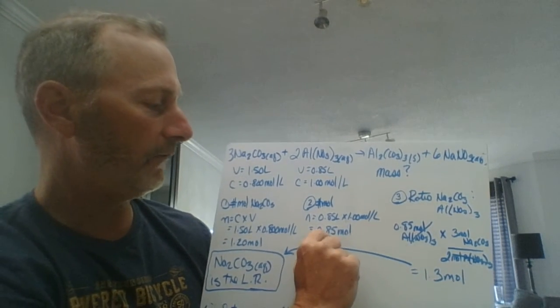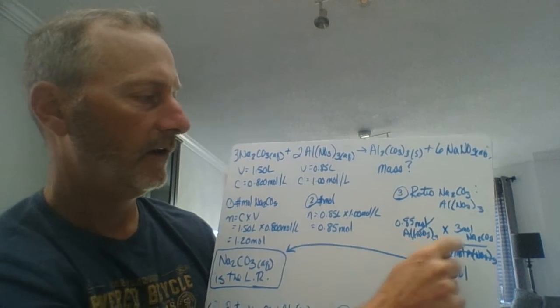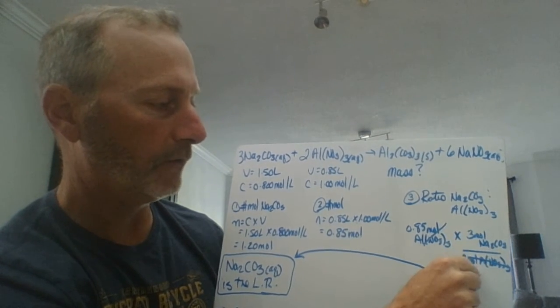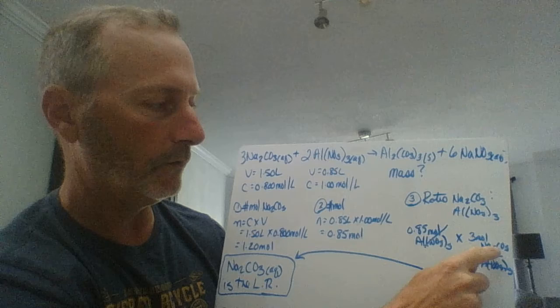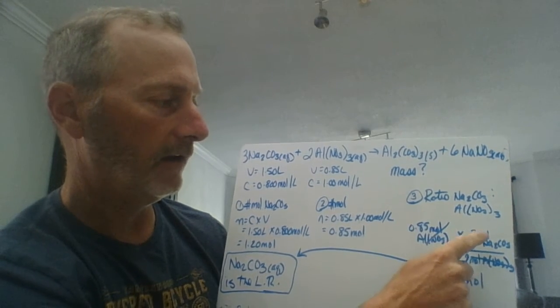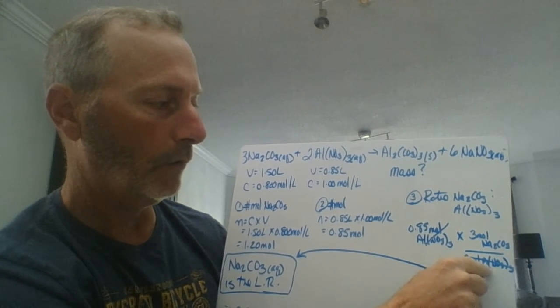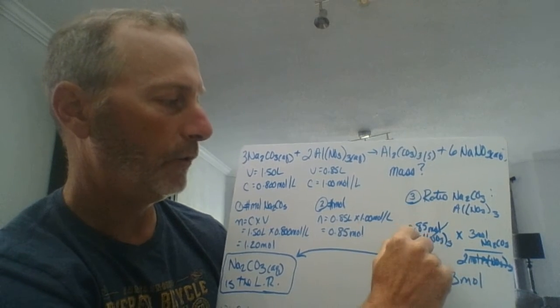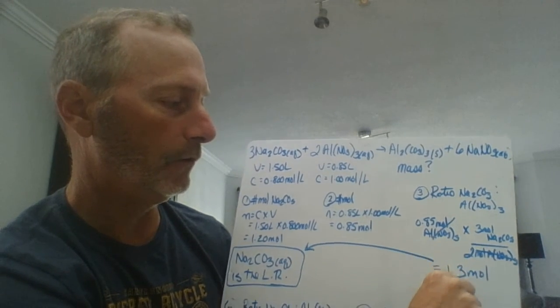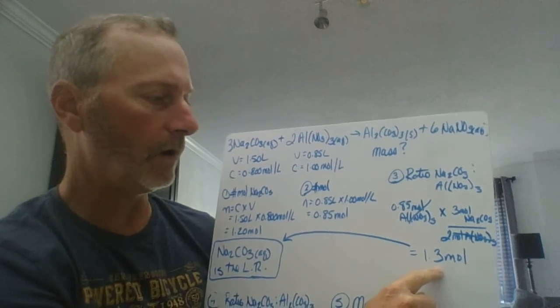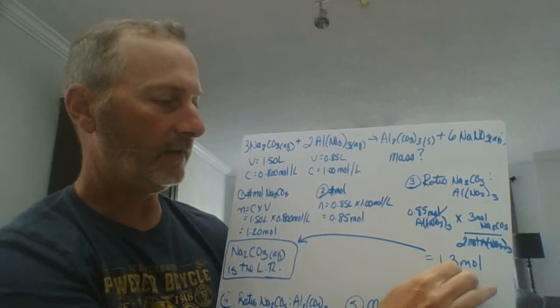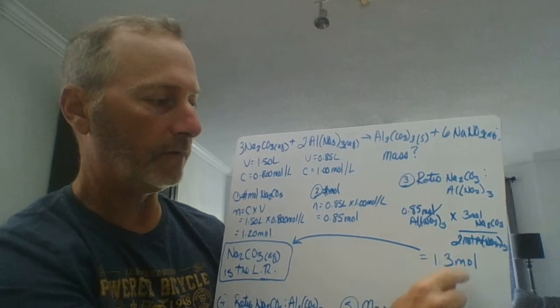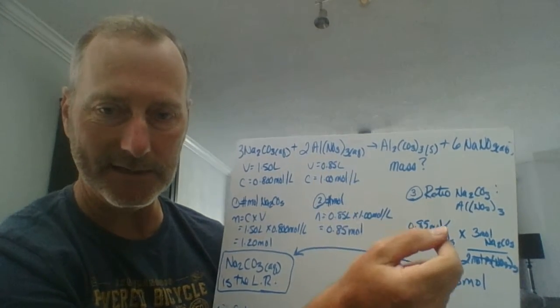They took 0.85 moles of aluminum nitrate times our conversion factor of 3 over 2. Remember, we put 3 moles of sodium carbonate as the numerator, and then moles of aluminum nitrate as the denominator so that those two units can cancel. 0.85 times 3 divided by 2 is 1.3. So this is the number of moles of sodium carbonate that I need.